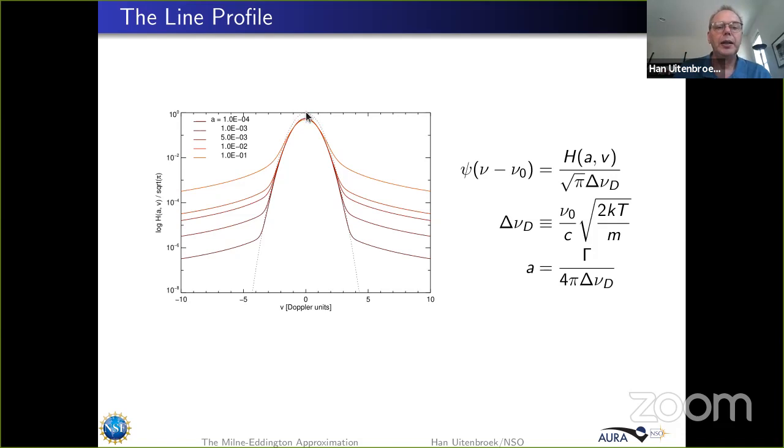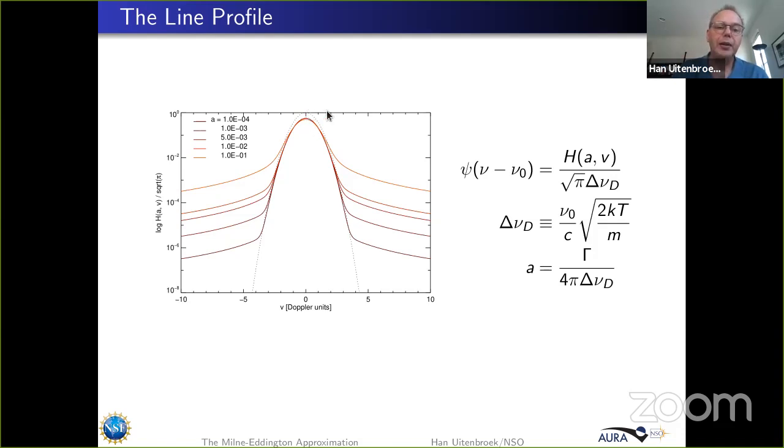So when you follow all this through, then in the atomic frame, the line profile is described by a Lorentzian. In the observer frame, this Lorentzian is then convolved with the thermal velocity distribution of the atoms that give you the line.